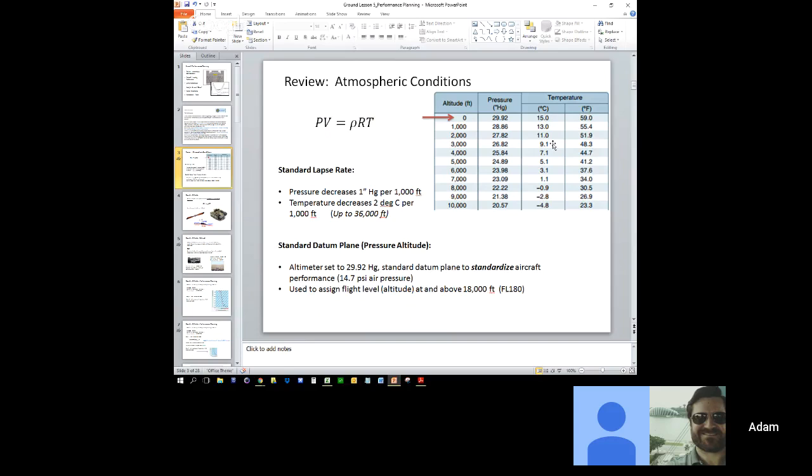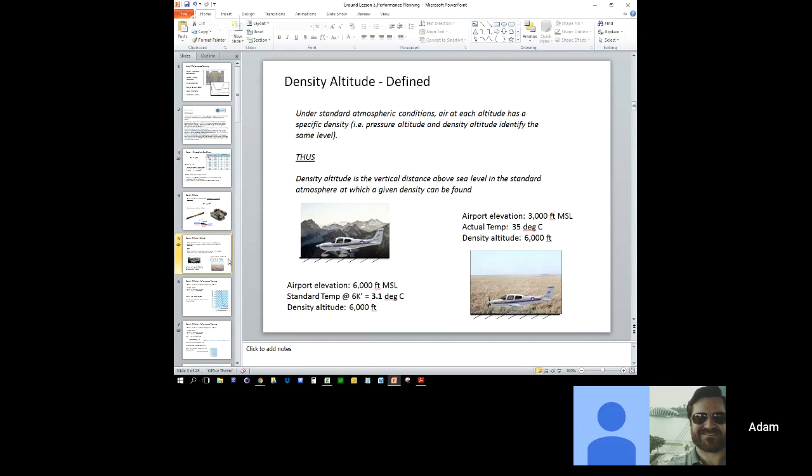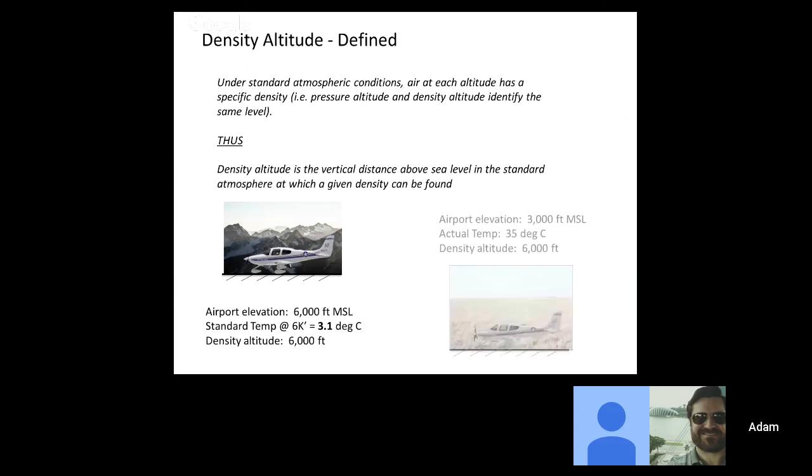If you were to do a density altitude calculation, you would find that although you're at 3,000 feet, your aircraft is going to perform as though it was at 6,000 feet, because of your temperature difference. Does that make clear sense to you guys? Yeah, it sure does. Yep.